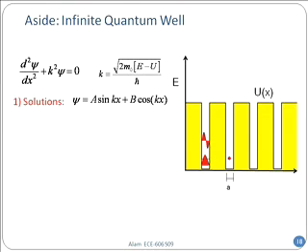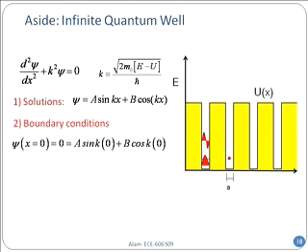It decays so fast that I might as well consider the wave function going to 0. So that simplifies my life, because I can say that psi at x equals 0 is 0, because I cannot find an electron to the left of the well. The potential is so high.